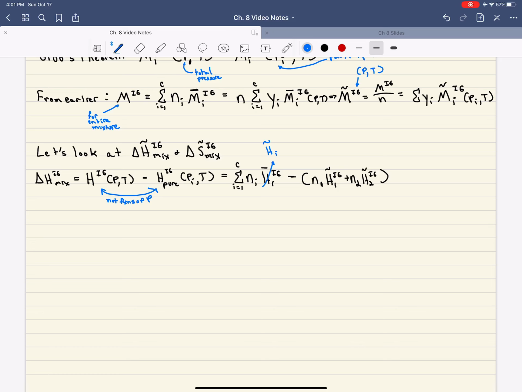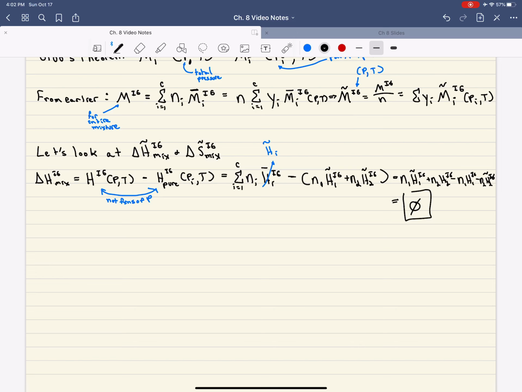And so what we would get is just N1 H1 of the ideal gas plus N2 H2 of the ideal gas minus N1 H1 of the ideal gas minus N2 H2 of the ideal gas. And so suffice to say, the delta H mix for an ideal gas is going to be equal to 0.